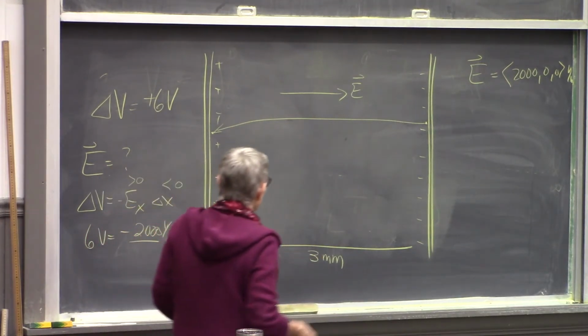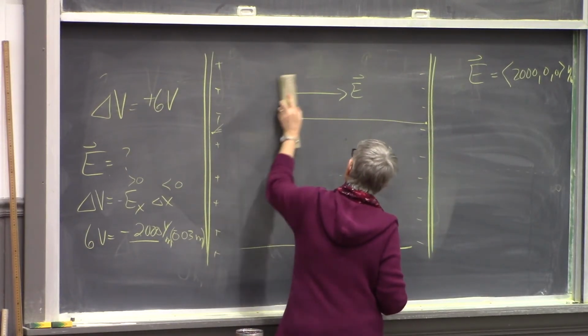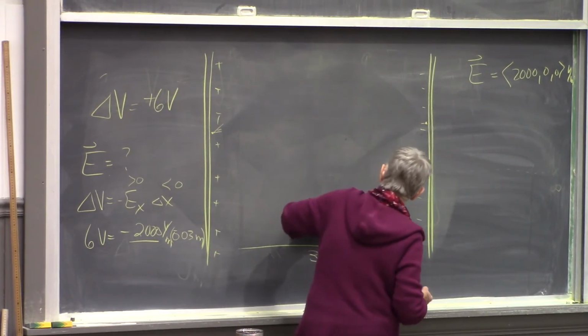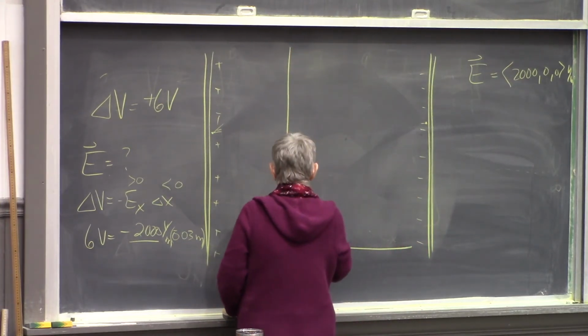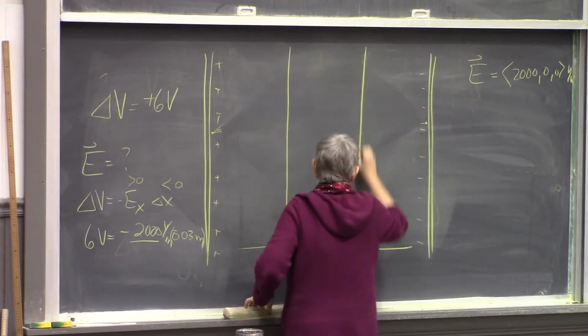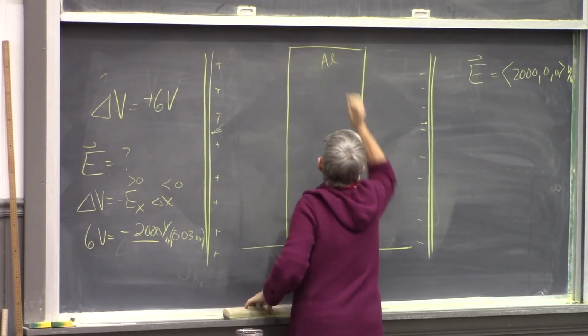Now we know that E is 2,000 volts per meter. Now you put inside the capacitor a block of metal. This is a block of aluminum.